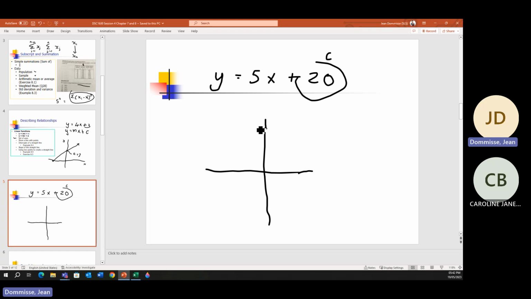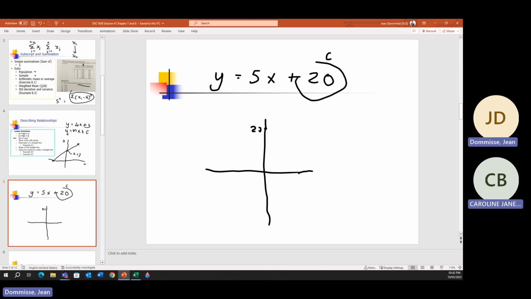So somewhere here is my Y cutoff. Now this is giving lots of issues, I don't know why it is doing this. Okay, so that is supposed to be 20. But I don't know where on the x-axis it is the cutoff, but I know that the x-axis goes through the point where y is equal to 0.